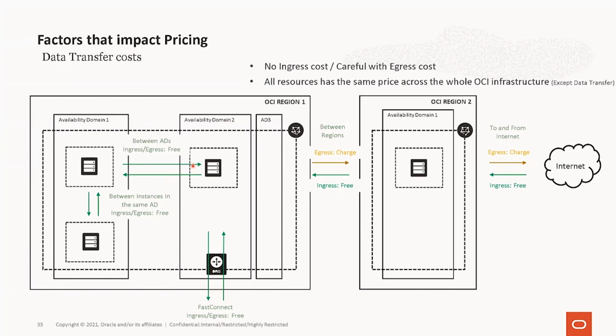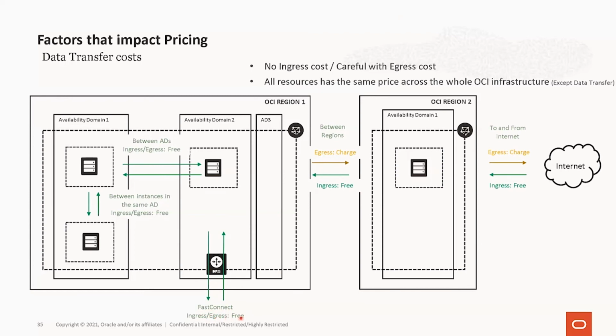If you plan to connect and move data from an OCI region to an on-premise facility, or maybe to another cloud provider using our FastConnect services, you will also have a totally free and unlimited data transfer rate. It means that no ingress charge and no egress charge will be applied.